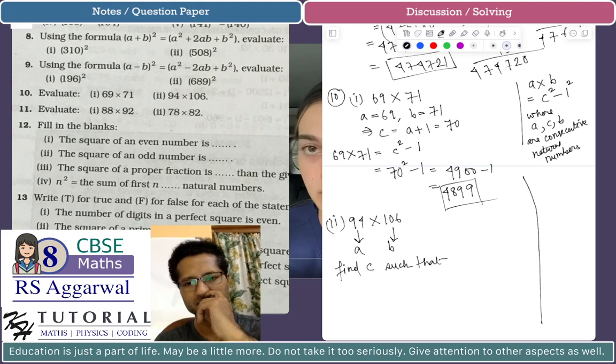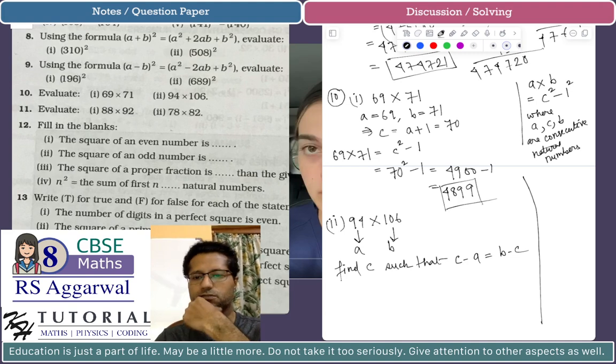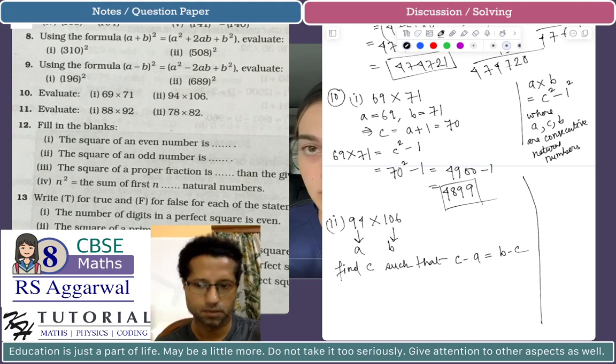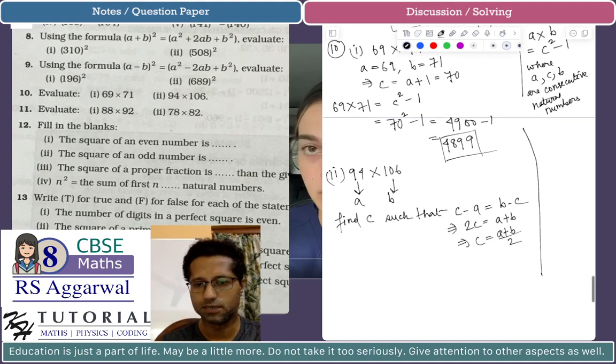C will be an integer between A and B, midway between A and B, such that C minus A will be equal to B minus C. So find a C which is just midway between A and B. That is, C minus A equals B minus C. This implies 2C is equal to A plus B, so C is equal to (A plus B) by 2.